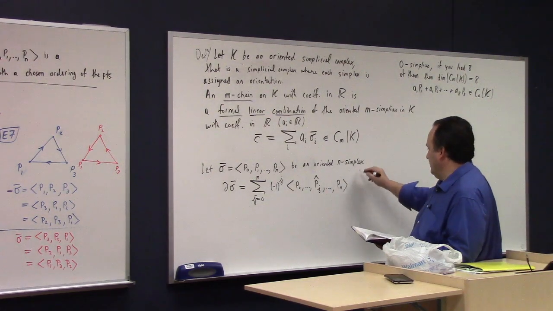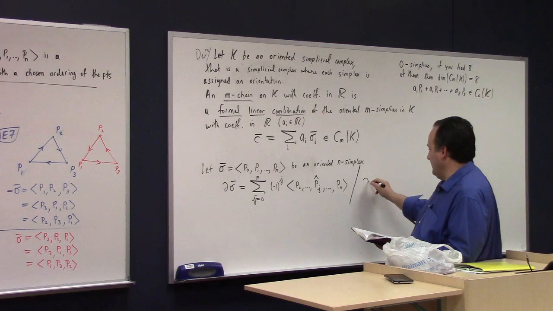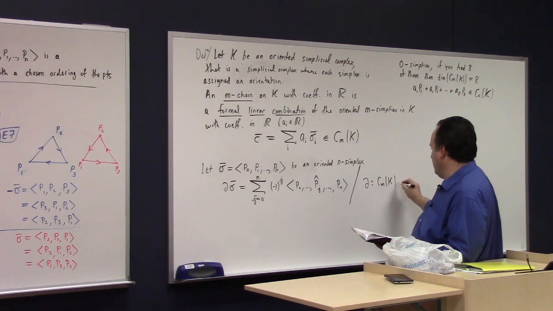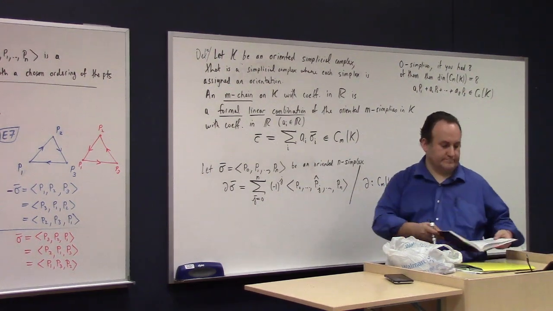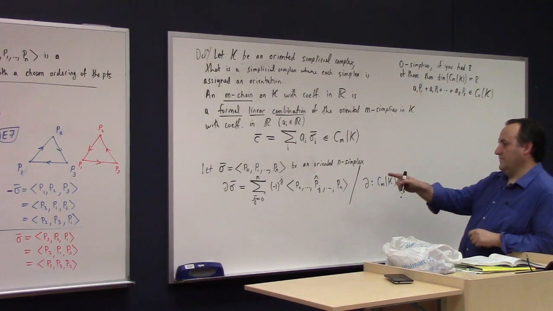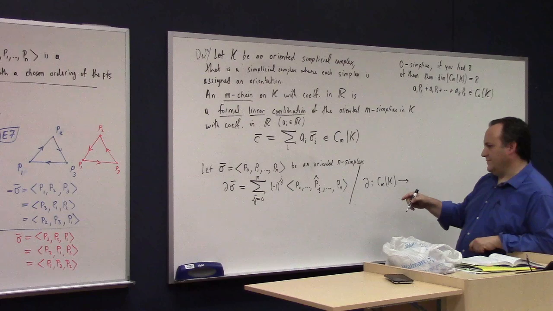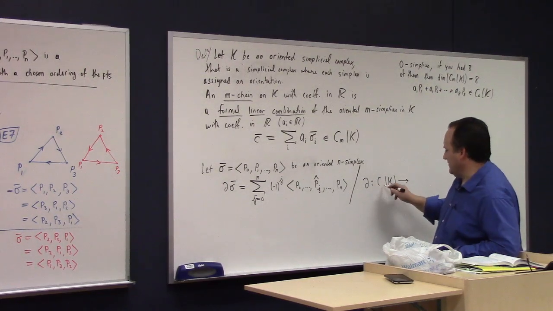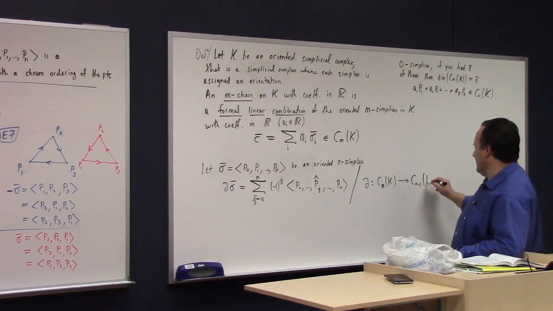So this extends linearly to define a mapping from the m chains on K to the what? If you get rid of one vertex, you don't have n plus 1 anymore, you've got n. I should have an n here. Maybe I'm supposed to have an m over there. Whatever, you can use m or n, right?